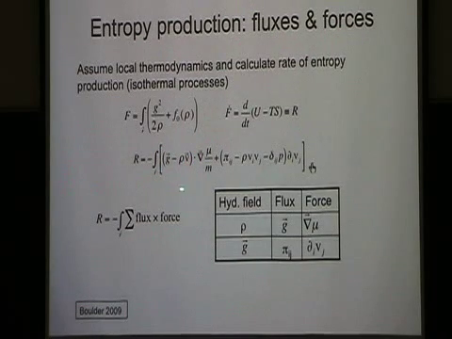I can rewrite the rate of entropy production as the sum of a bunch of terms, where each term is the product of a flux times a driving force that can drive the system out of equilibrium. And the driving forces in a simple fluid are gradients of, let's call it chemical potential, but for the simple fluid I'm interested in, you could just say gradients of density, because I'm assuming energy doesn't really change, so gradients of density and velocity gradients.